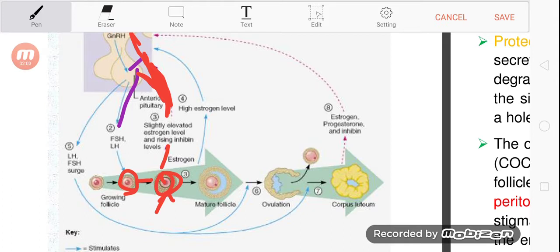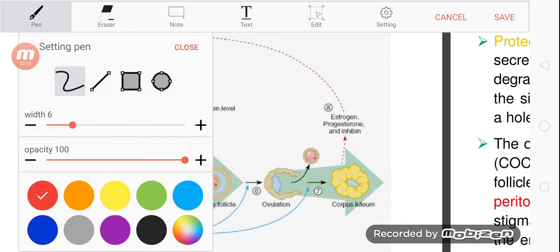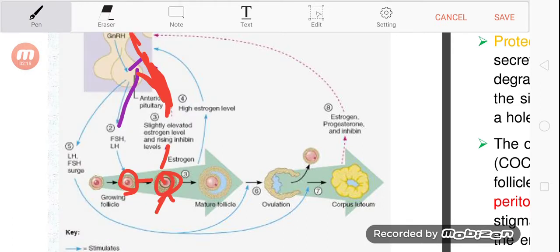Slightly elevated estrogen level and rising inhibin is a negative feedback for this. It will slow down the FSH and LH.